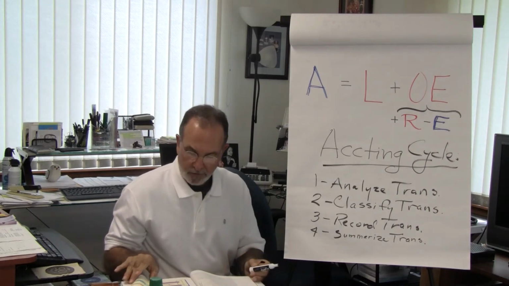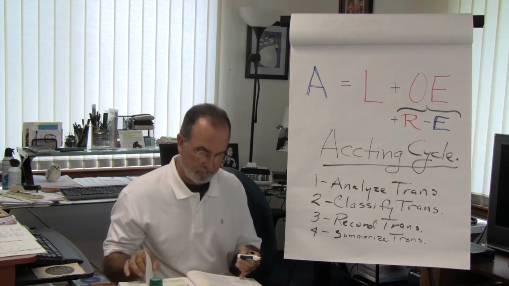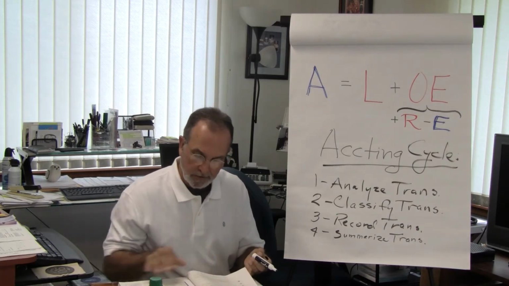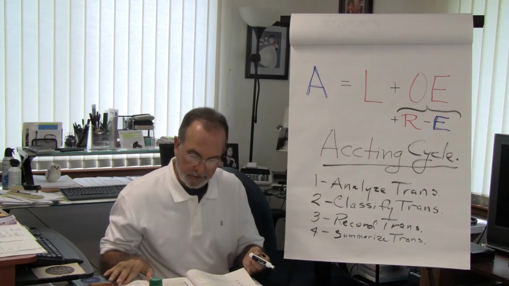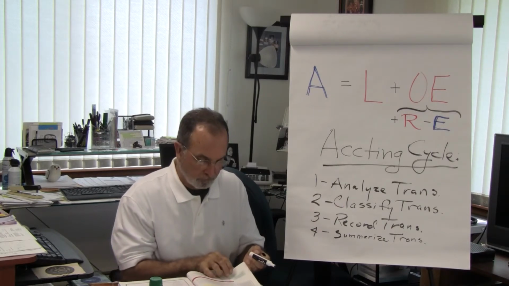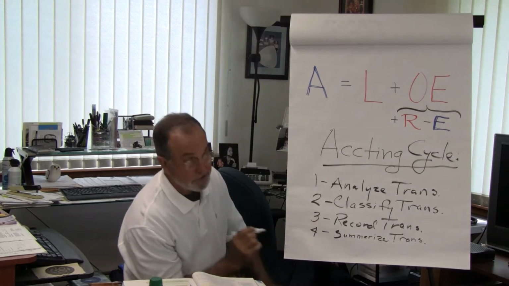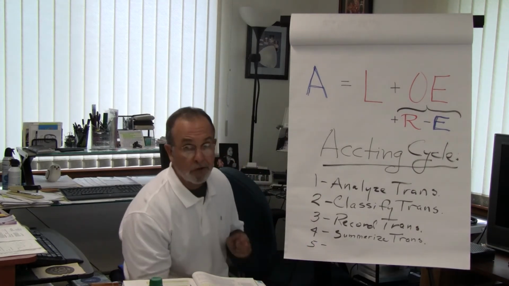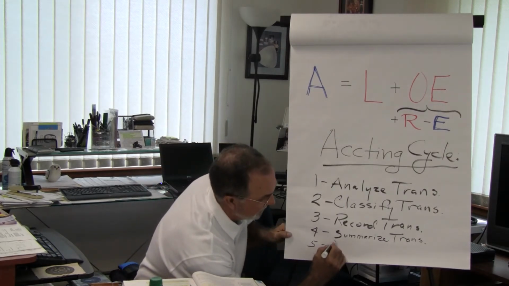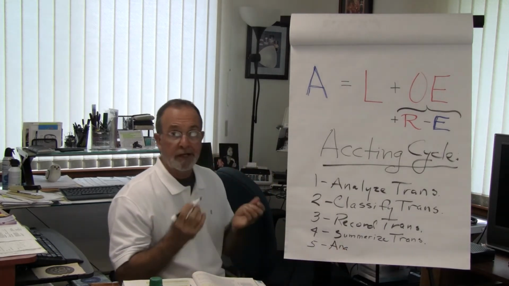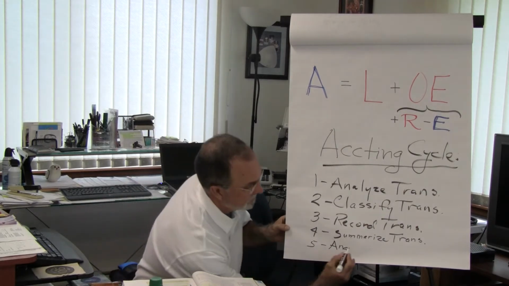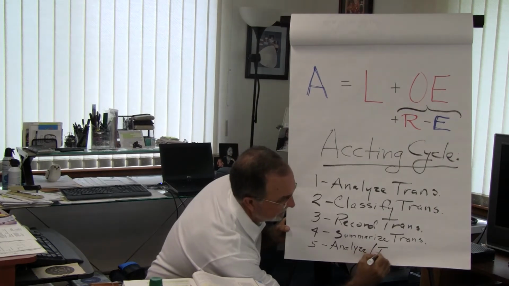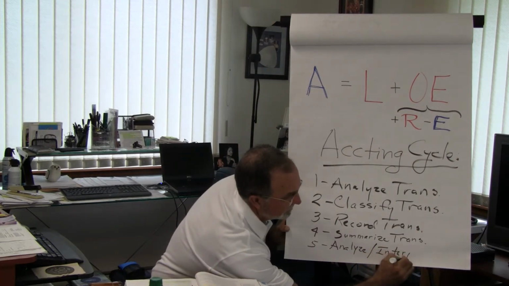And then finally, moving forward again in the chapter, the last step in the accounting cycle isn't shown in this chapter, but as you recall from a previous lesson, the last step after we have prepared our financial statements is to again analyze and interpret.